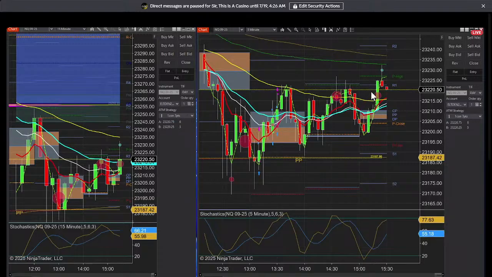So, like when we were sitting here and we saw this come back down and went up, it came back down, went up even less, came back down. That kind of tells me that okay, the up move is over. I can get a quick 7 points on a sell.